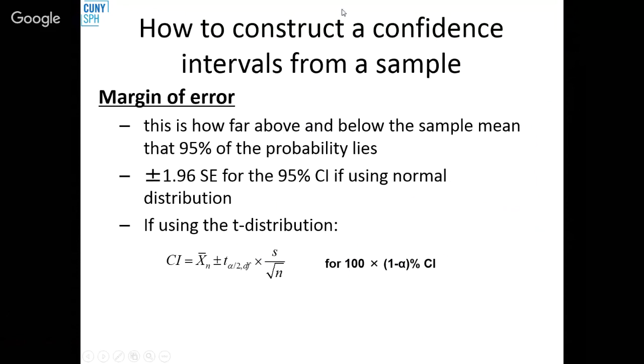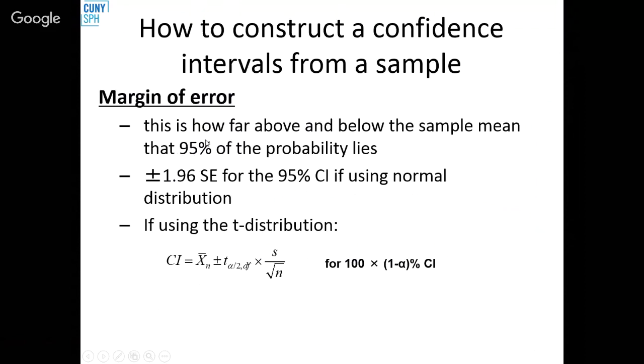The key to constructing this confidence interval is that the center is easy: it's just the mean of your sample. The new thing we covered is the margin of error, which is how far above and below the sample mean you need to go to contain your 95% confidence interval or any other confidence interval.